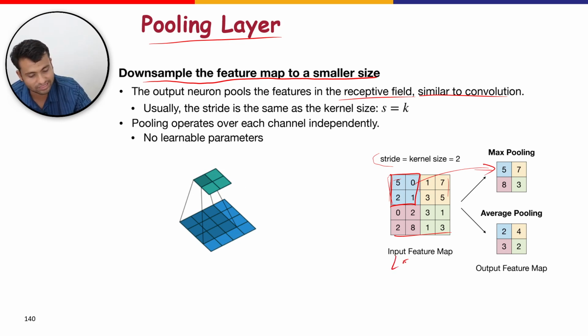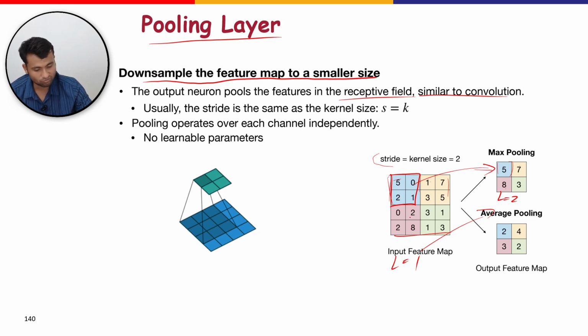If this is L equal to 1, this is L equal to 2. For 1, 7, 3, 5, we choose the maximum, 7. Here 0, 2, 2, 8, so we choose 8, and here 3, 1, 1, 3, so we choose 3. So going from the first layer to the second layer, we have brought down the dimensions. And what is the receptive field here?